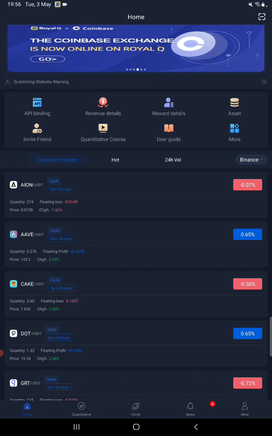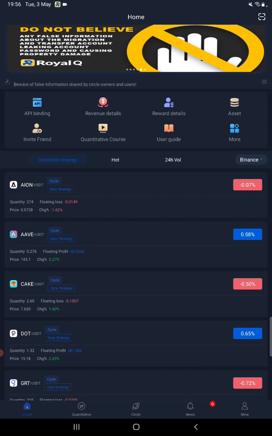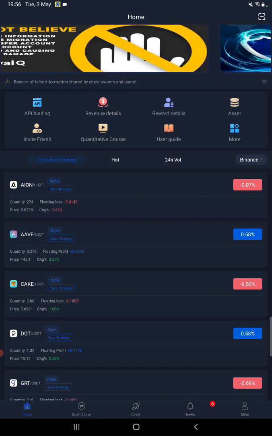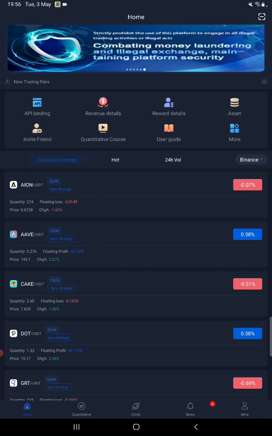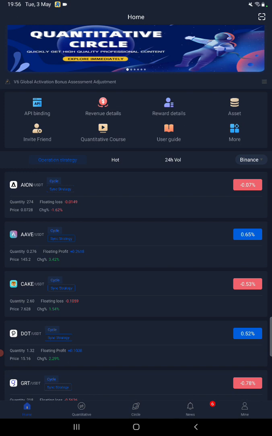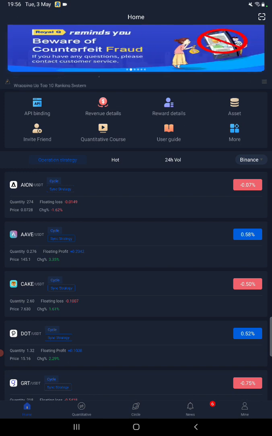Now, if the scene strategy owner already closed Aeon and is no longer opening Aeon, then you as a scene user will not be able to see Aeon anymore. Now you will have a new coin altogether. Can you understand me? This is how the whole scene strategy actually works.